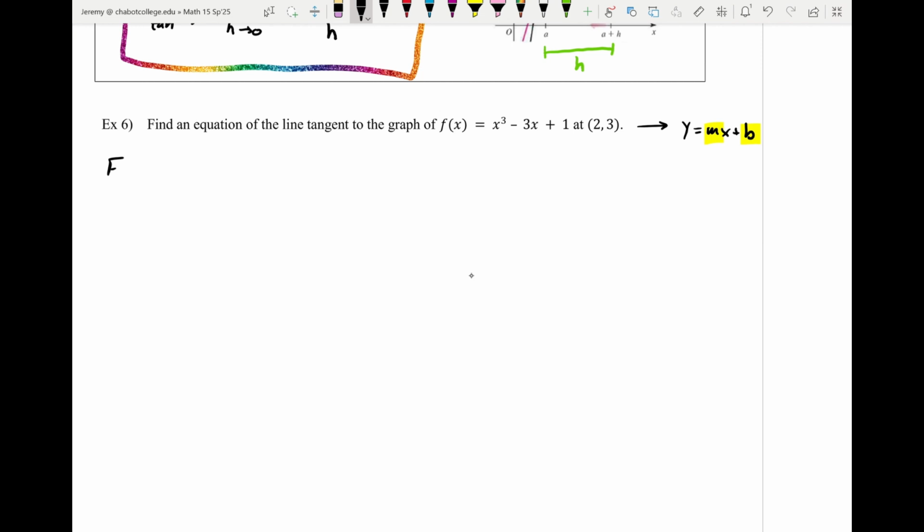I usually start by finding m. So let's find m, which is going to be the slope of the tangent line. And we have a formula for that. We're going to use this new one, the limit as h goes to 0 of f of a plus h minus f of a all over h.